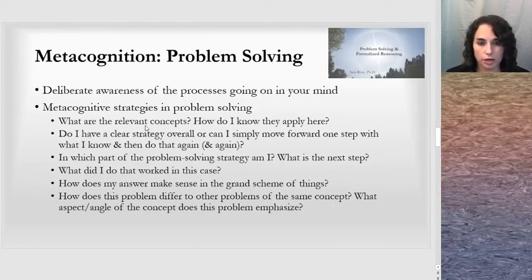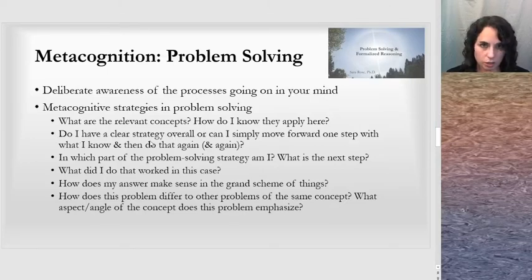Initially, you would start out like, what are the relevant concepts? When we're solving problems like in this lesson, you already know that it's 1D kinematics. But on an exam or other assessment, what are the relevant concepts? How do I know they apply? So we'll be watching out for cues on how do I know that this is this concept or this equation.